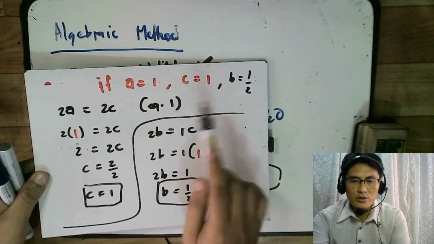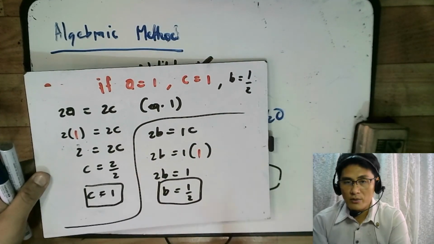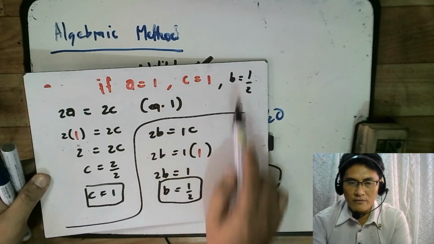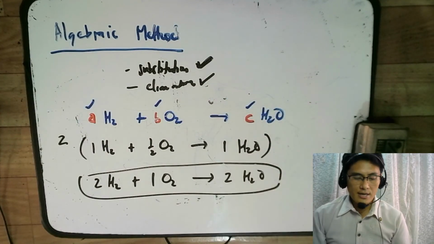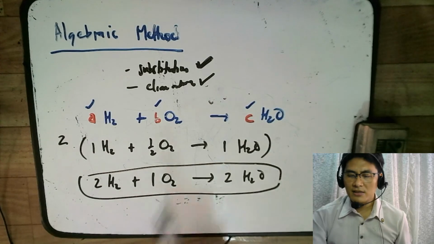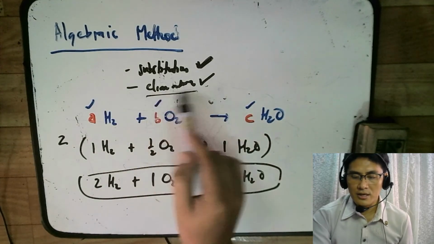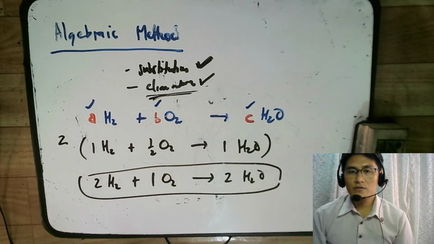From there, we can use the substitution method for simple equations to solve for the other values, or we can use the elimination method to solve for other complicated equations. And again, that example that uses elimination will be in the next video.